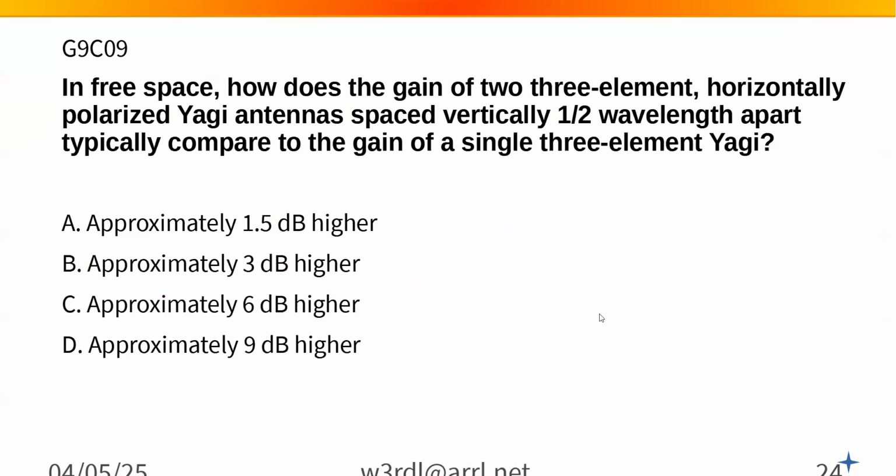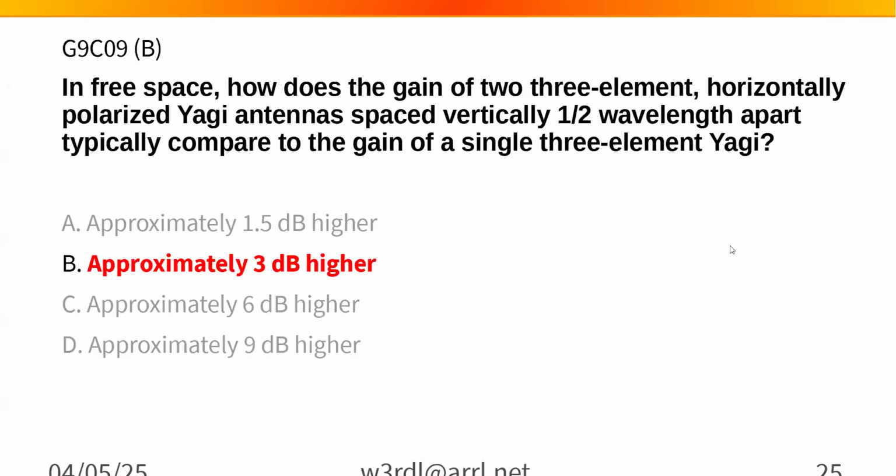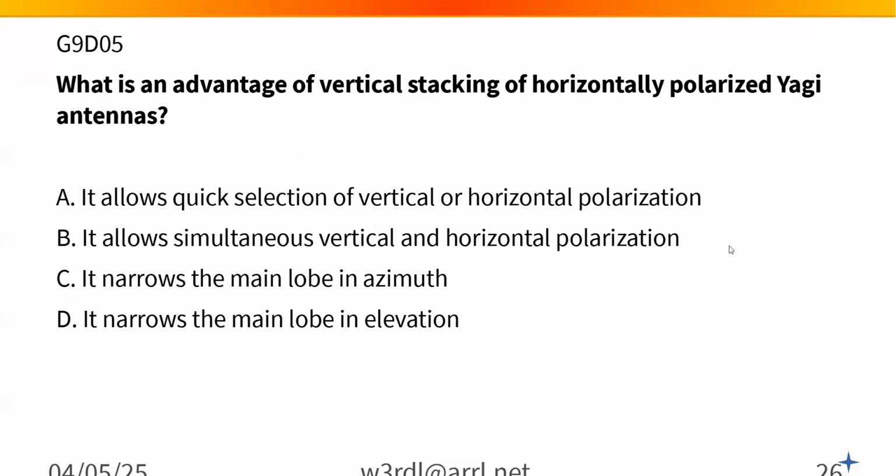In free space, how does the gain of two 3-element horizontally polarized Yagi antennas spaced vertically a half wavelength apart typically compare to the gain of a single 3-element Yagi? What's an advantage of vertically stacking horizontally polarized Yagi antennas?